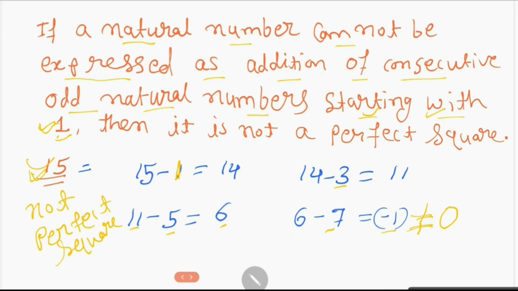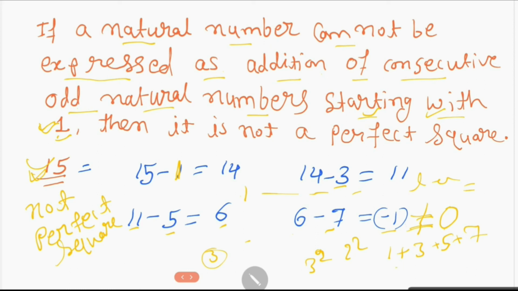So what can we do with this property? We can find square numbers by adding n odd numbers: 2 odd numbers give 2 square, 3 odd numbers give 3 square. We can also find the sum of the first n odd numbers without adding. Like 1 plus 3 plus 5 plus 7. How many numbers? 1, 2, 3, 4.